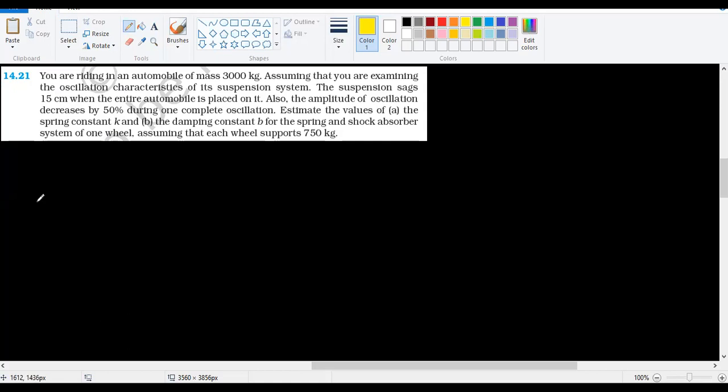Riding an automobile of mass 3000 kg, assuming that you are examining the oscillation characteristics of the suspension system. Suspension sags 15 centimeter when the entire automobile is placed on it. Sags means getting compressed, right? So that much of the spring is getting compressed.